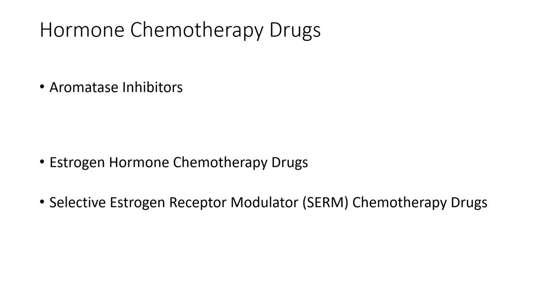Now, on the female side, we have aromatase inhibitors. Aromatase, again, is an enzyme. It ends in ase, so that tells us it's an enzyme. This is a drug that's going to bind to and inhibit the enzyme aromatase. And what happens is estradiol is not produced.